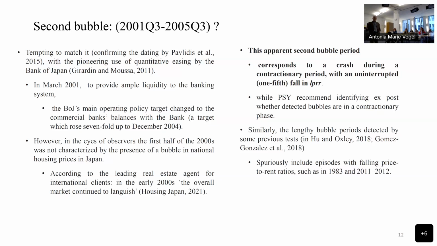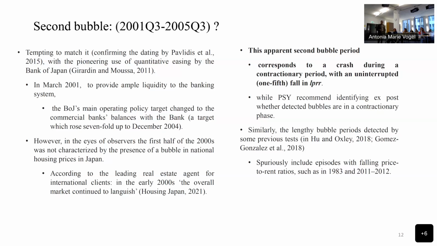And also, as I said before, the market was falling. So that means, and you see it on other occasions in the table which I showed in the previous slide, that very often people detect bubbles when prices, or price to rent ratios, are falling.